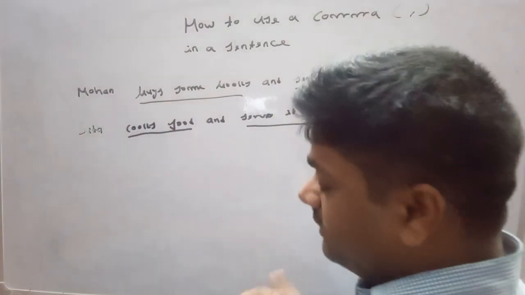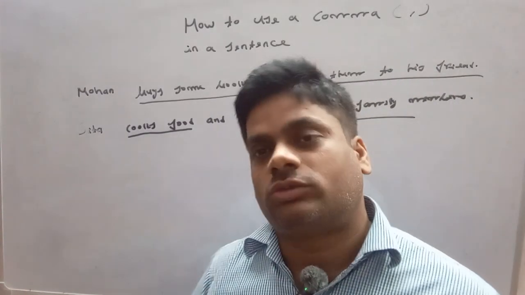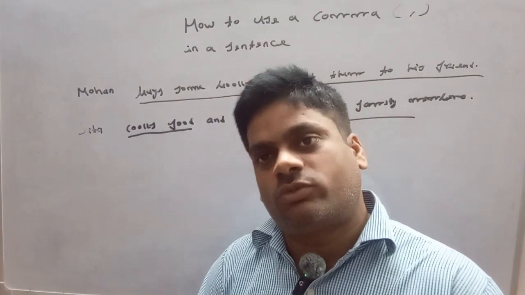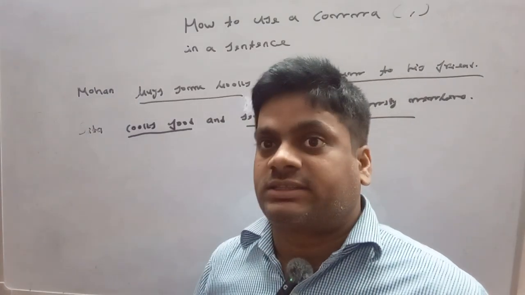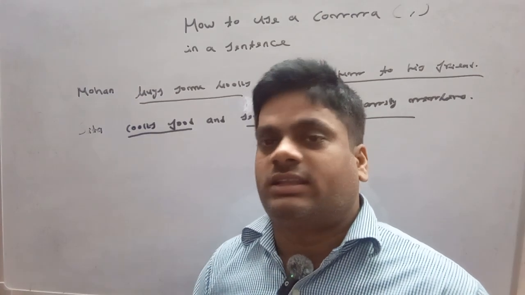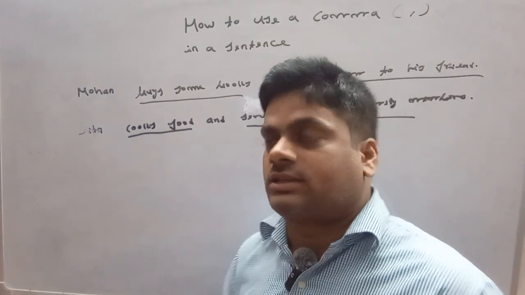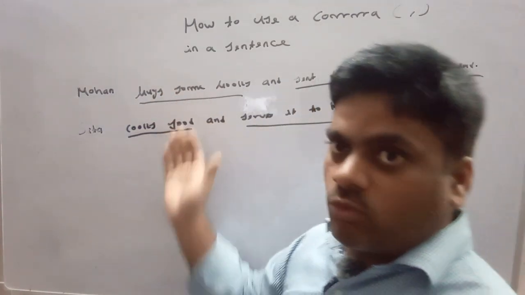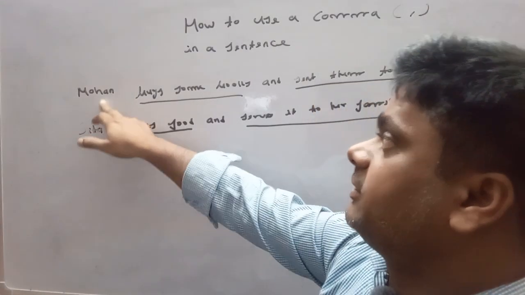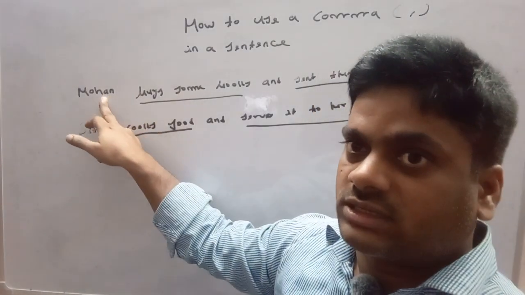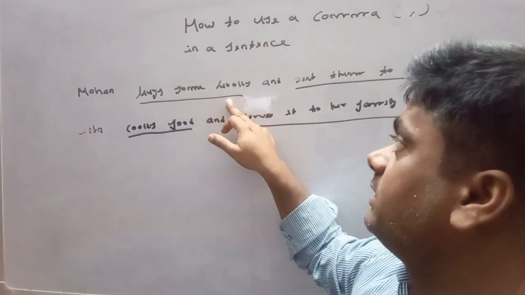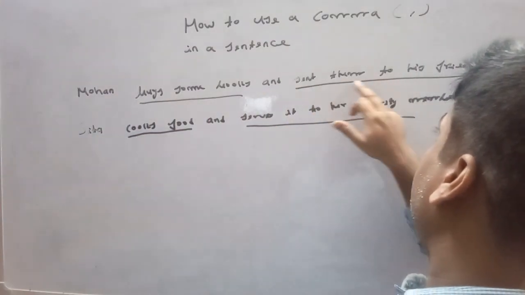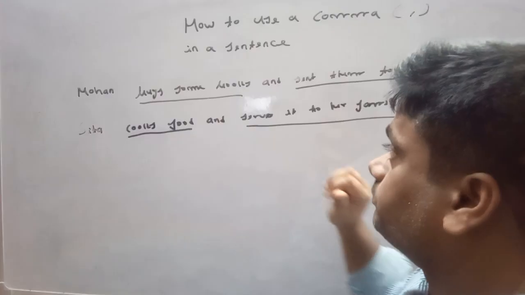So in case of connecting two sentences, we can use a comma, but when we connect two predicates for a single subject, we cannot use a comma in a sentence. This is clearly visible in both sentences. In the first sentence, Mohan is the subject, its first predicate is buys some books, and another predicate is sent them to his friend.